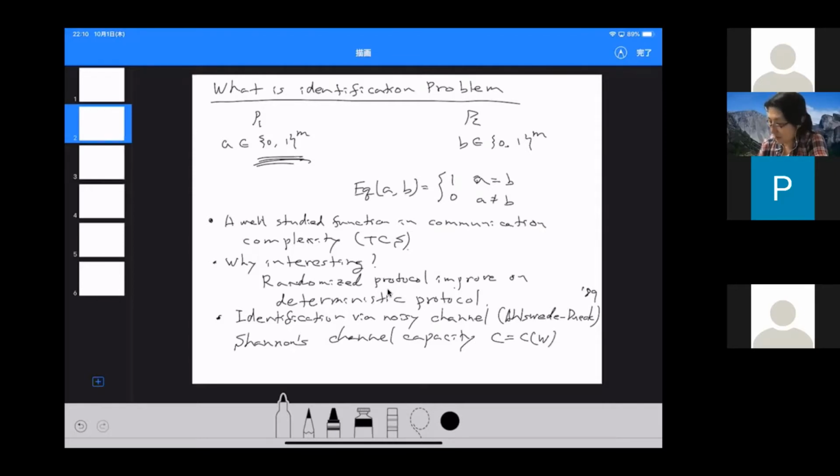In fact, unlike the standard channel coding problem, in which we can transmit a message of size 2 to the power nC, in the identification problem we can identify doubly exponentially many messages. It's quite surprising. Okay, so I'll explain these things one by one.